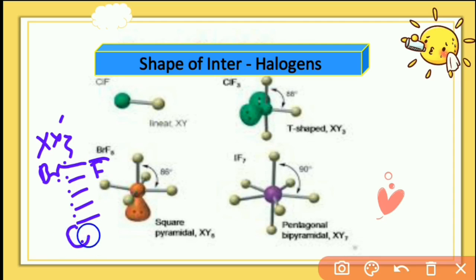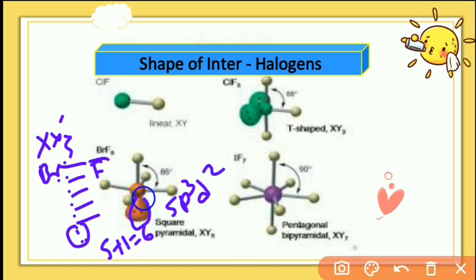So one lone pair of electrons is present. So 5 plus 1 is equal to 6. It means the hybridization is sp3d2 and its regular geometry is octahedral, but in the presence of one lone pair, its geometry is distorted and forms a square pyramidal shape.